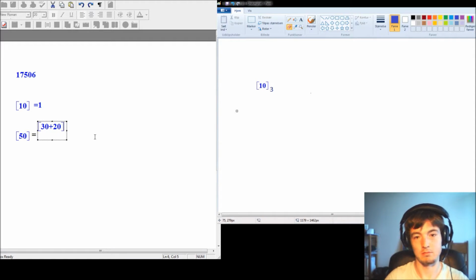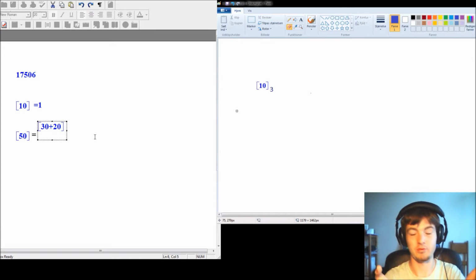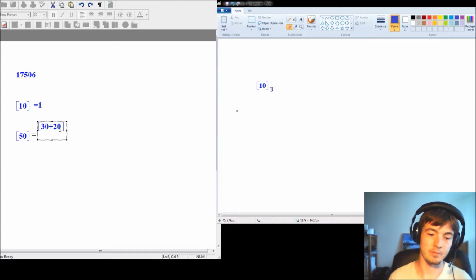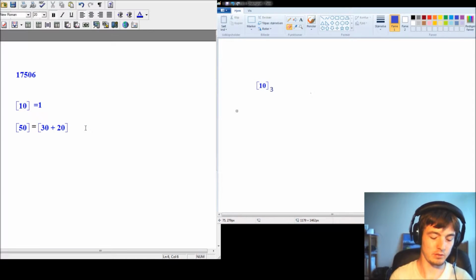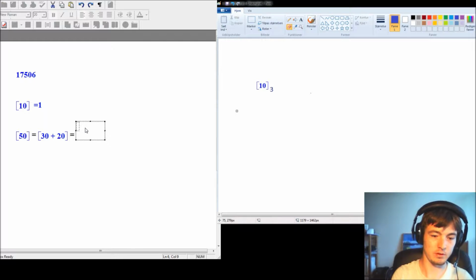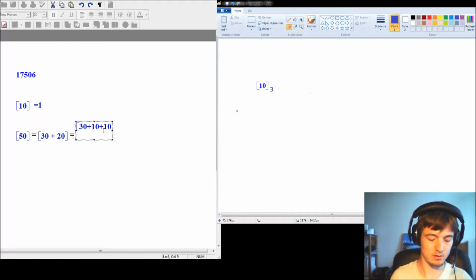This is pure maths. It's not black magic. It's just 50 and 30 plus 20. That's exactly the same. And I'd like to write this in another way, just to make it difficult: 30 plus 10 plus 10.